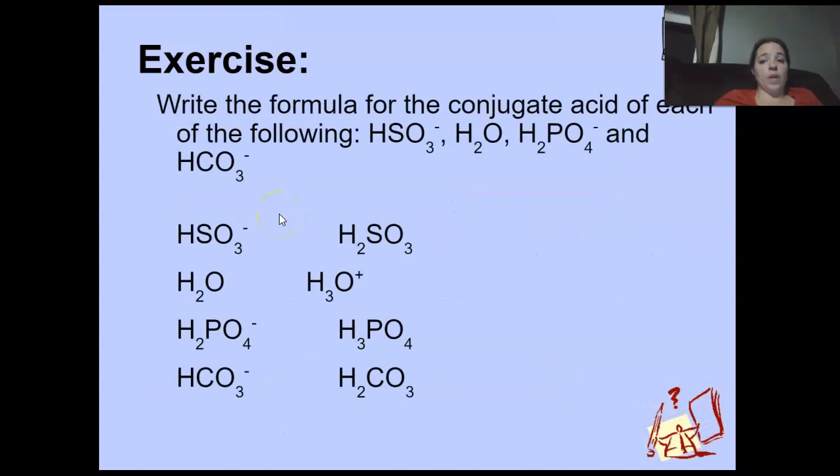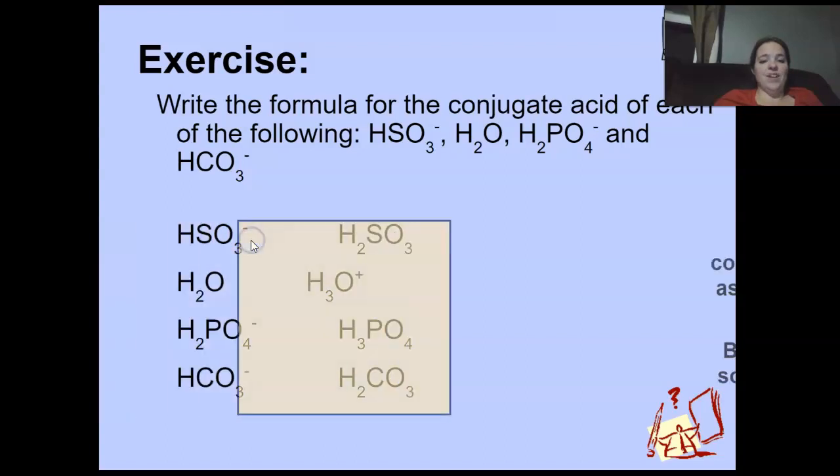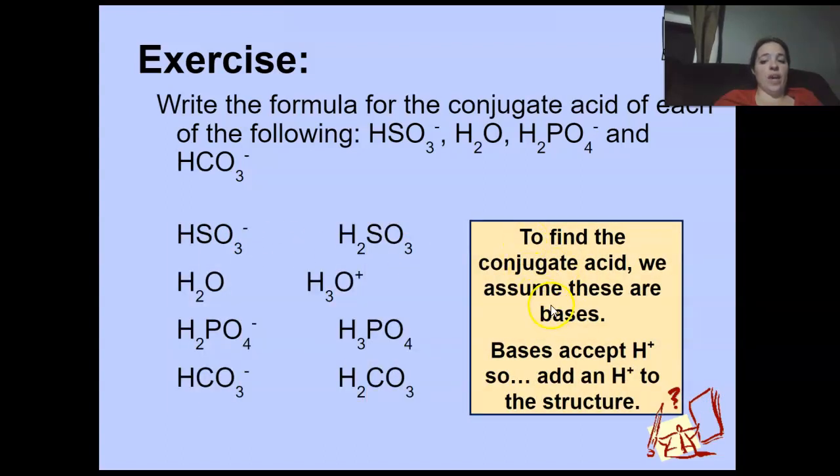Okay, write the formula for the conjugate acid of each of the following. HSO3 negative, H2O, HPO4 2 negative, and HCO3 negative. What we're going to do to find the conjugate acid is assume these are bases. Bases accept the hydrogen, so you add a hydrogen to the structure.